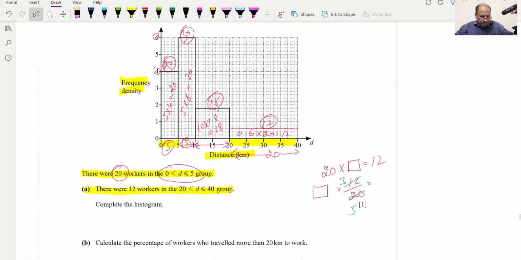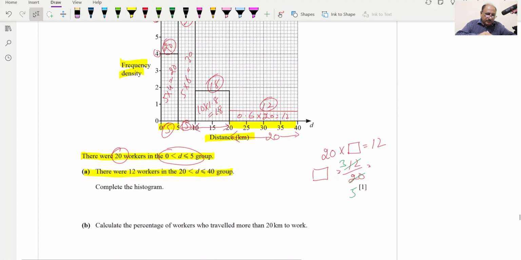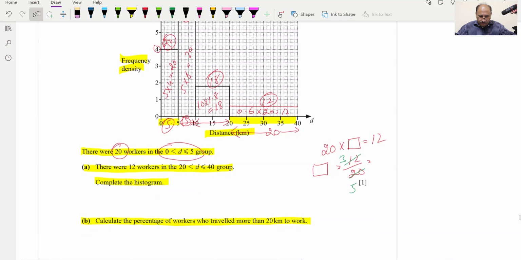So after this calculation, they are saying complete the histogram. We have already done complete the histogram. Then B part, calculate the percentage of workers who traveled more than 20 kilometers to work. Percentage of people.